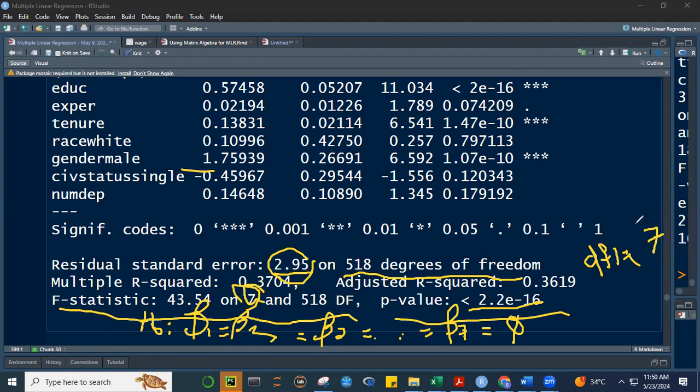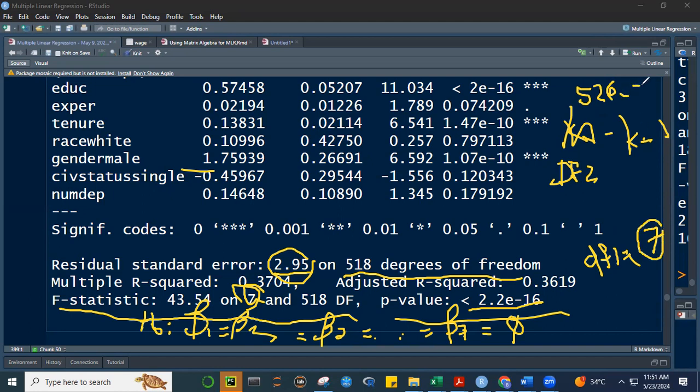Degree of freedom 2 follows the formula N minus K minus 1. N is the number of respondents, the size of our data, which is 526. And then minus K, what's K? K is the number of predictors, which is this one.